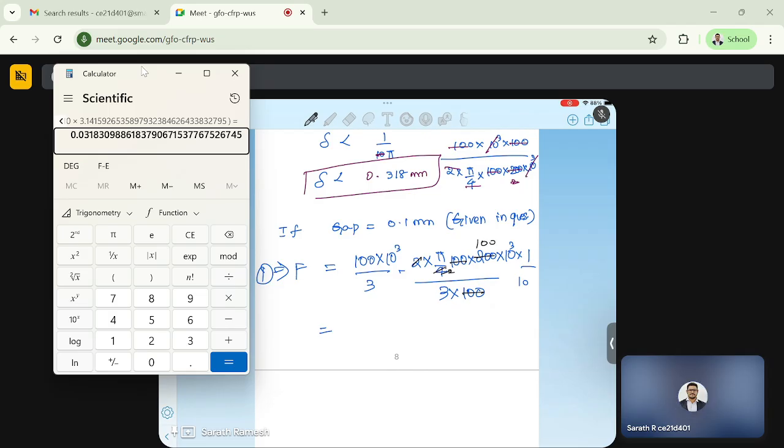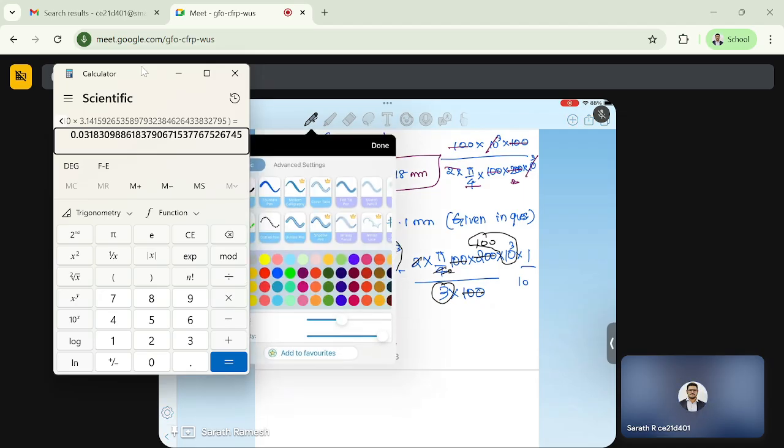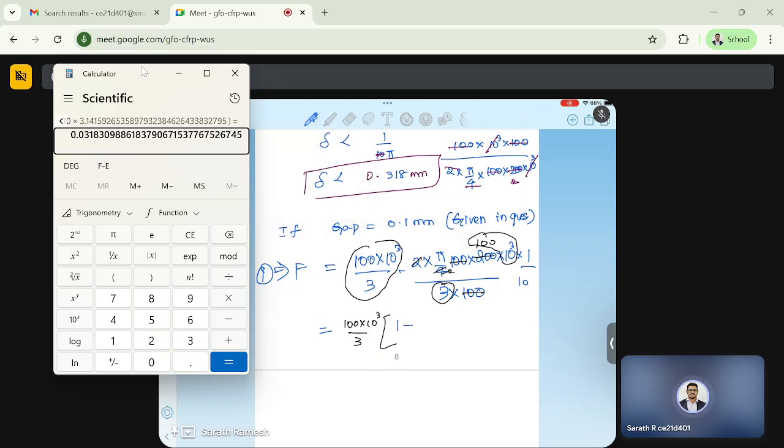So 100 into 10 power 3 by 3 common, 100 into 10 power 3 by 3 common, 100 into 10 power 3 by 3 times 1 minus pi into nothing is there, 1 by 30, right?